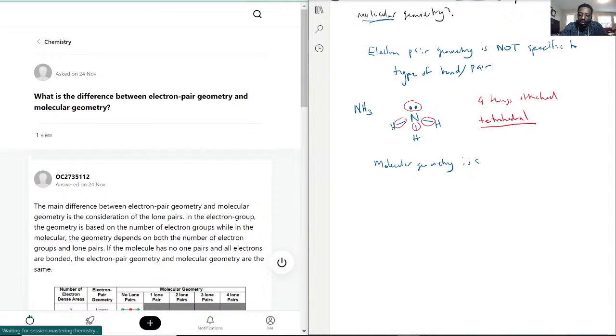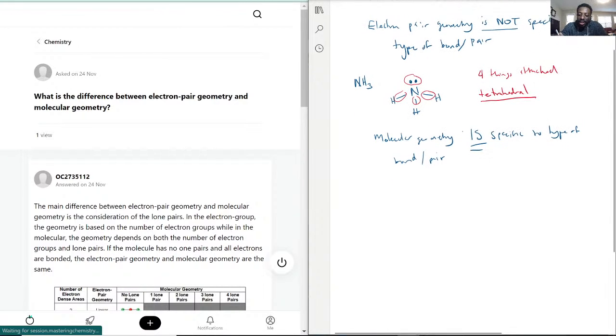Now, molecular geometry is not just about the count, and is specific to type of bond slash pair. What does that mean? We're looking at ammonia still. It's no longer just 4 things attached.